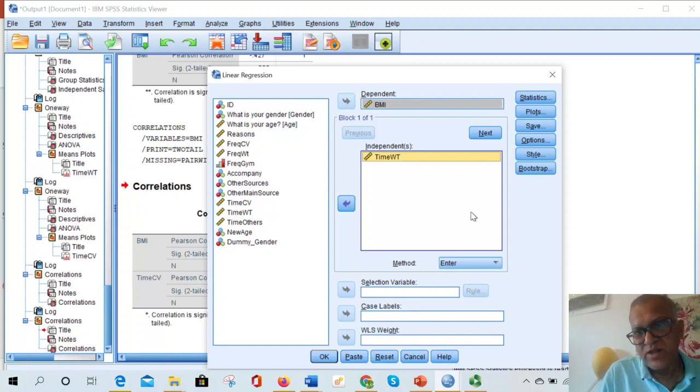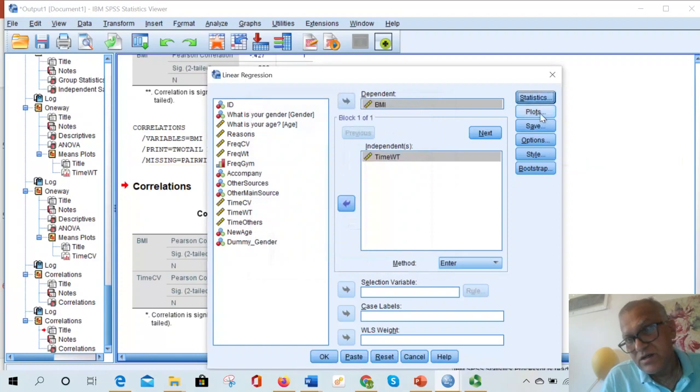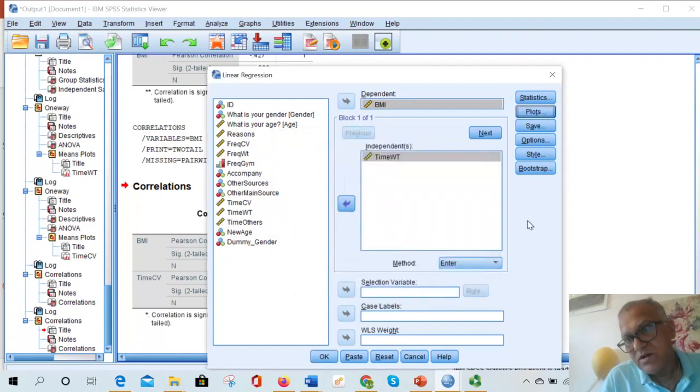We can do others also. In statistics, maybe descriptives and part and partial correlations here. It's good. Plots between dependent and residuals, histogram and normal probability plot, and then run the test.